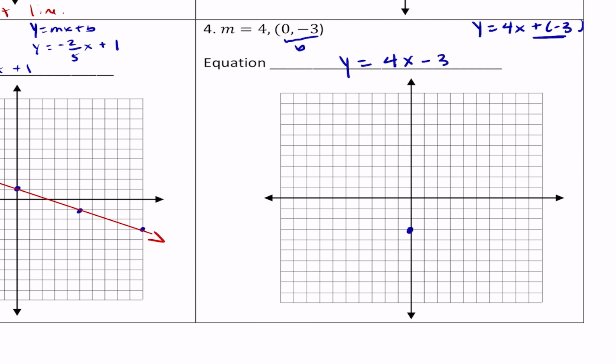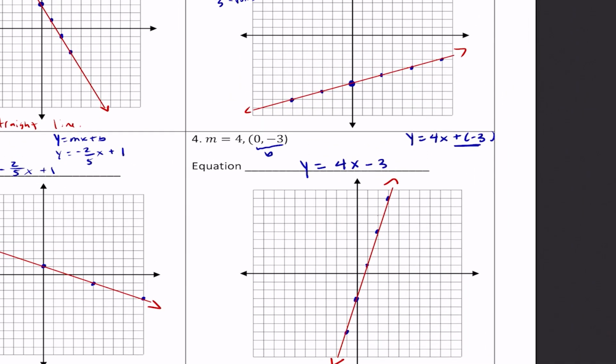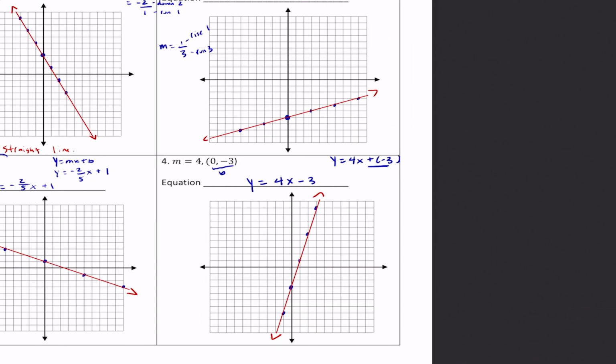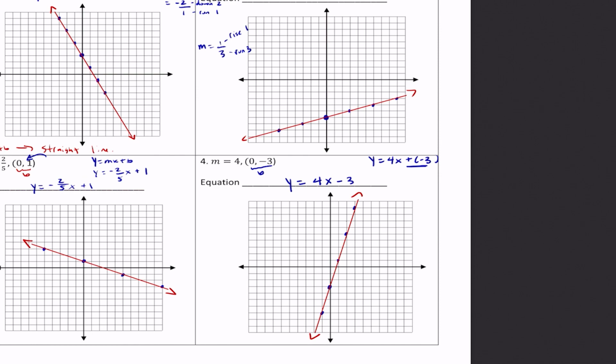I'm going to go up 4, right 1, so 1, 2, 3, 4, right 1. Then do the opposite, down 4, left 1. And I'm pretty content. Connect. Arrows, and then you got it. This is how you graph slope-intercept form.